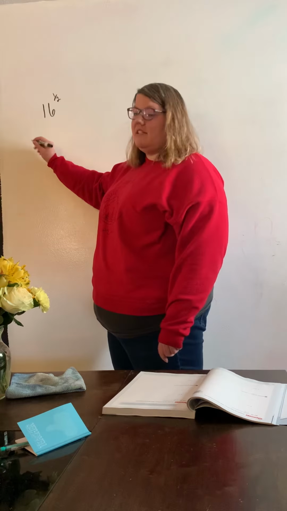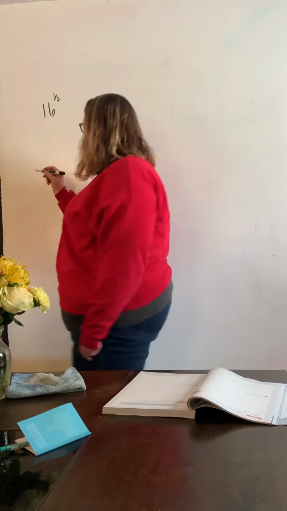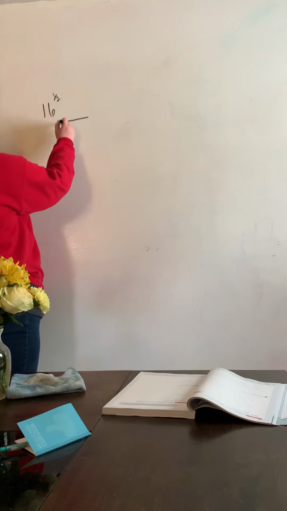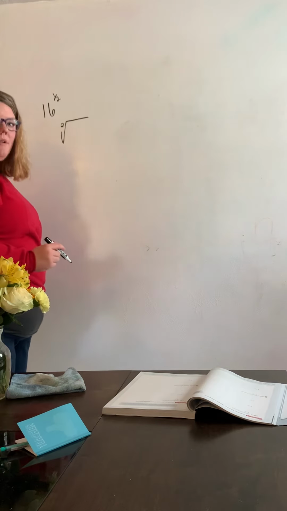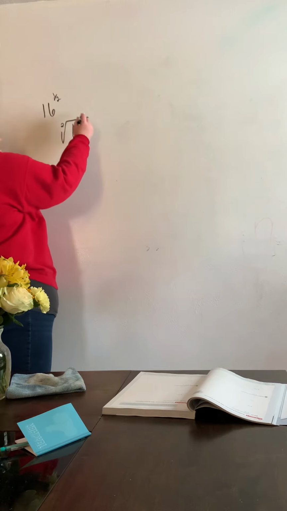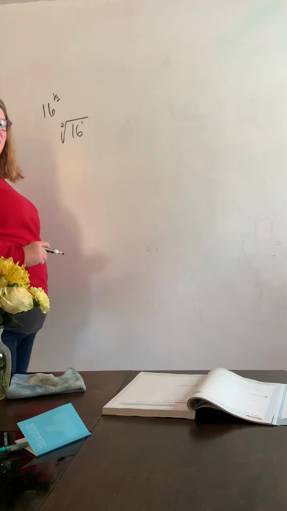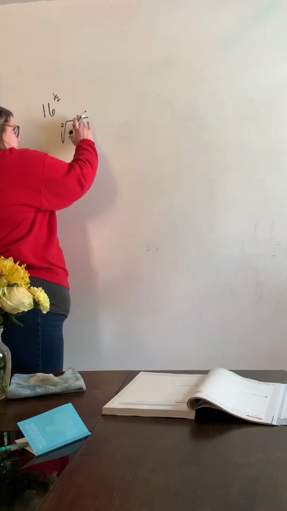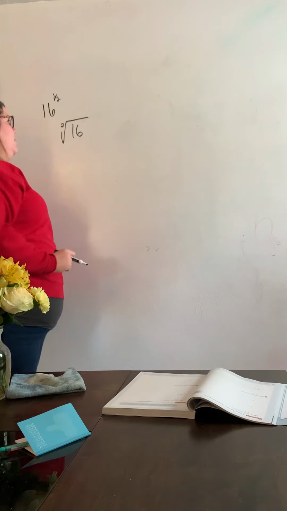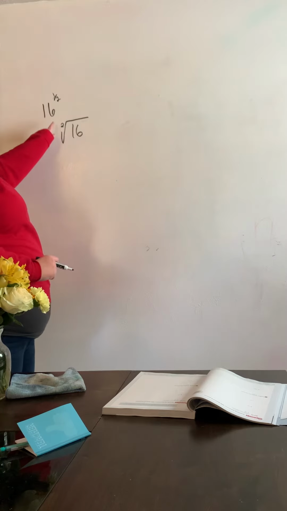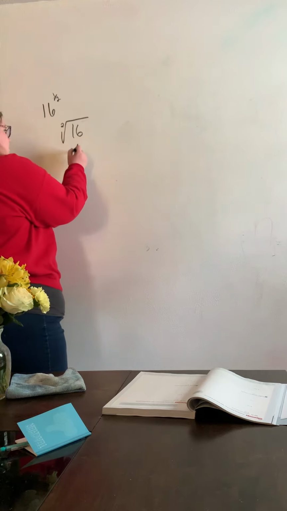The way that I would set this up is we're going to do a radical. The number here is your outside number. Then we're going to put 16 in here. The number on top will go with the 16. 16 to the first power is just 16, so we don't have to worry about that for now. So what this is asking is what number times itself twice is 16.